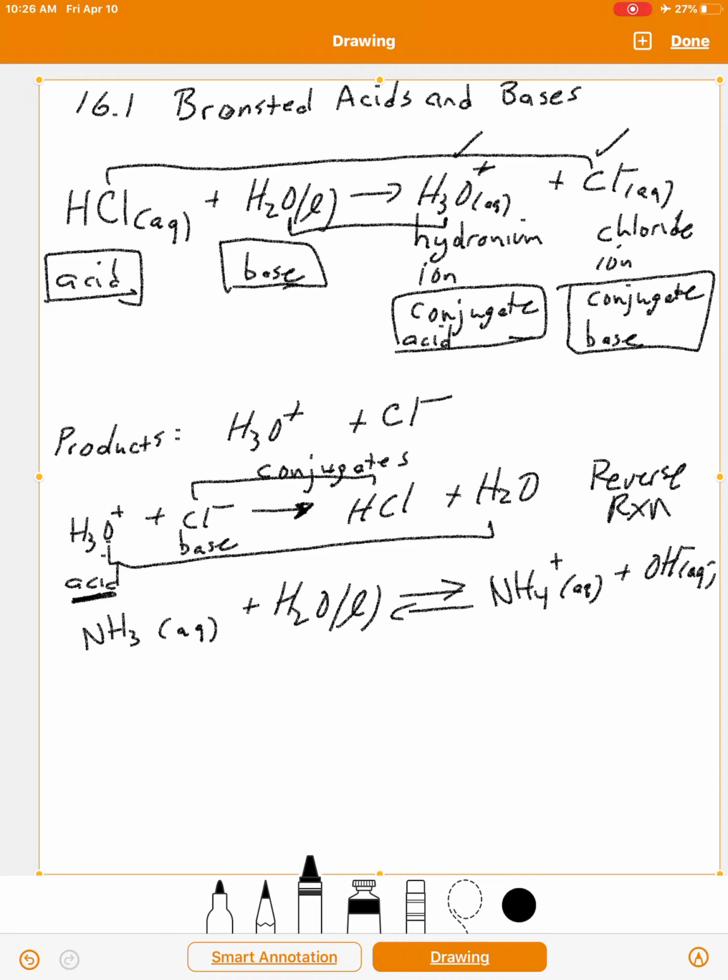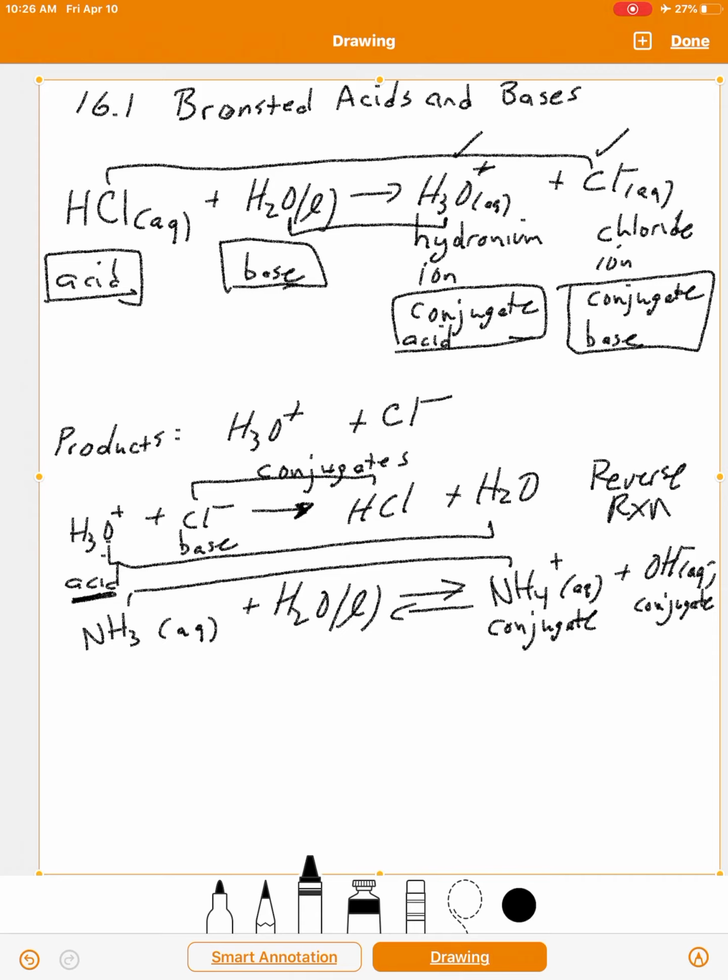Okay, so let's go through it again. We're going to do both the acid-base, conjugate acid, conjugate base. We know these are conjugates, so we can identify that already. Products are the conjugates. It's just an issue of whether they're acid or base. Okay, let's take the NH3 and NH4 plus together.